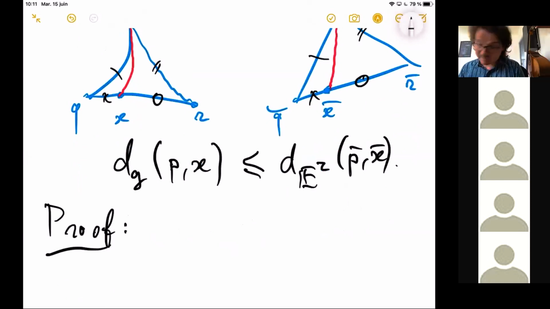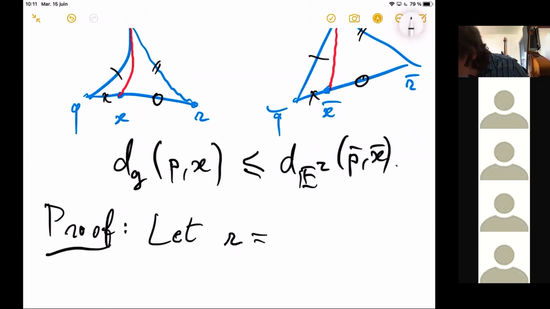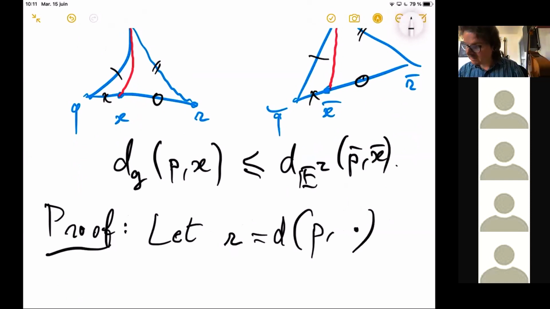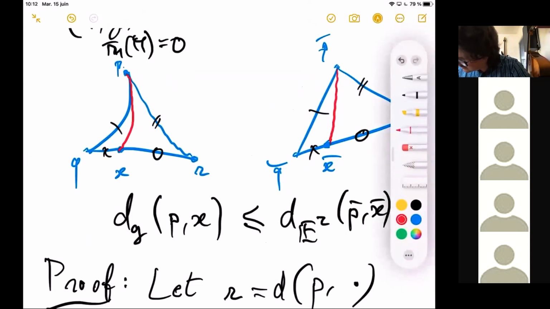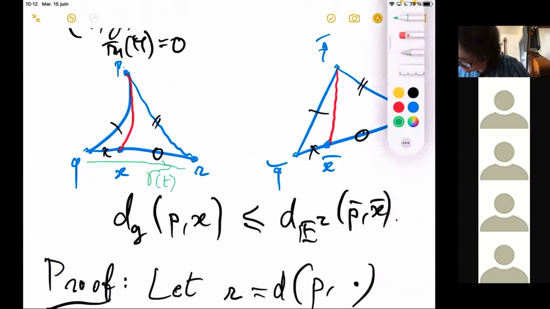So let r be the distance function from P. And maybe let's parameterize that here, so gamma of t.